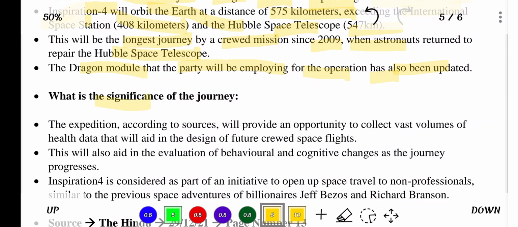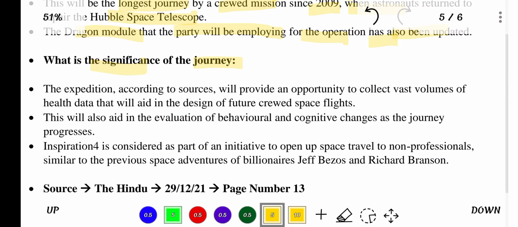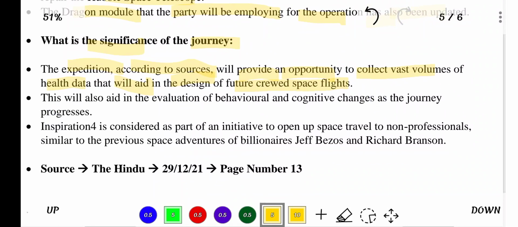What is the significance of the journey? The expedition, according to sources, will provide an opportunity to collect vast volumes of health data that will aid in the design of future crewed space flights. This will also aid in the evaluation of behavioral and cognitive changes as the journey progresses.